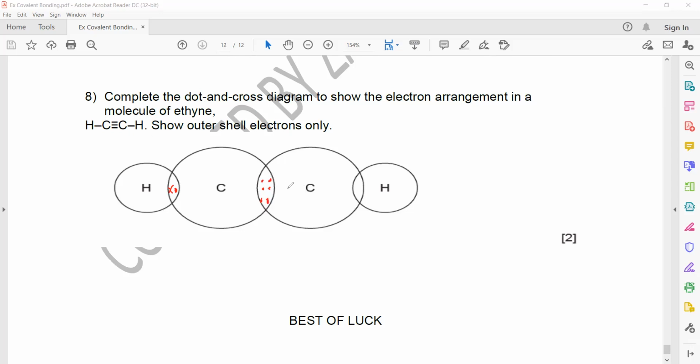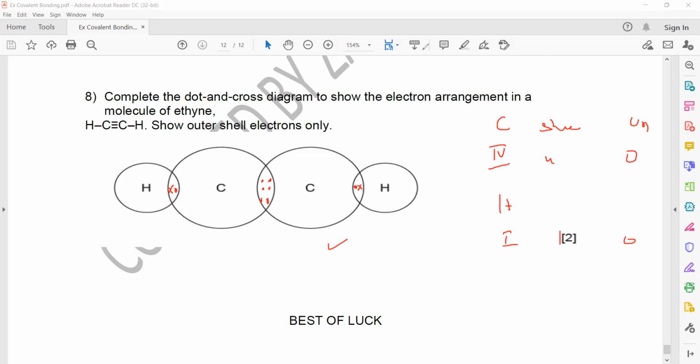Why am I using the same symbol? Because the two atoms are the same. And then there's a single line, so a pair of electrons will be there. We know carbon belongs to group 4, so it will share 4 electrons and unshared will be 0. Hydrogen has 1 electron and unshared will be 0. So this is the structure of ethyne.